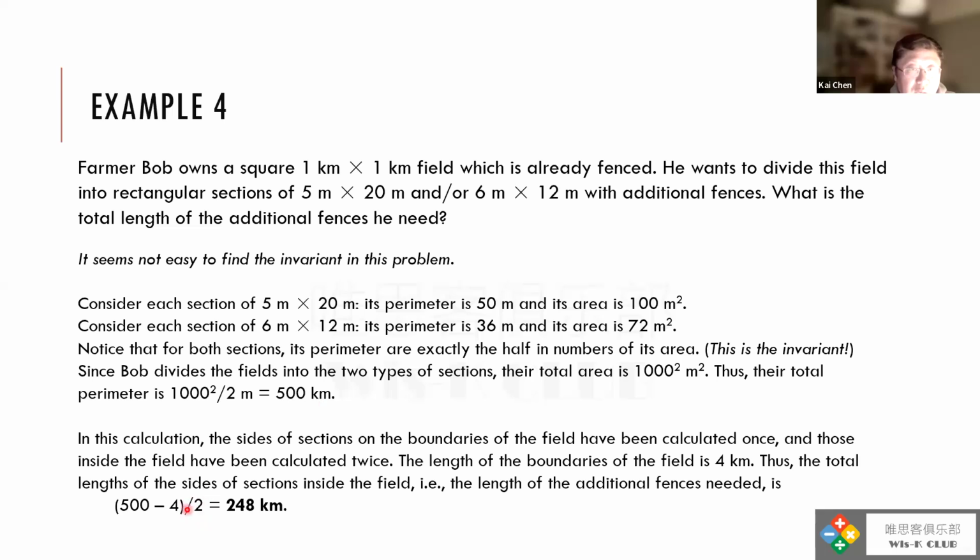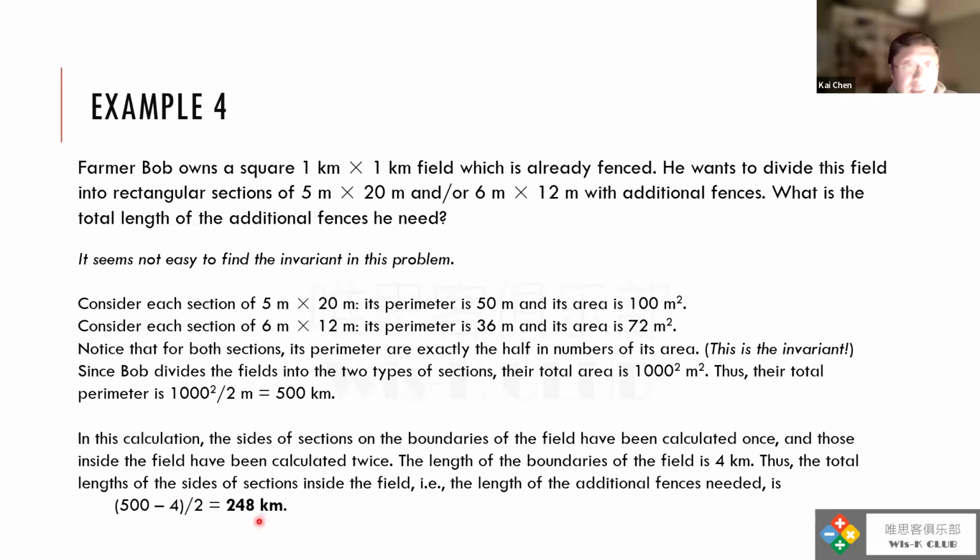Why divided by 2? Because in the interior sections, one side is counted twice by the 2 sections. That's why you have to divide by 2. So at the end, you get 248 kilometers of fence needed.